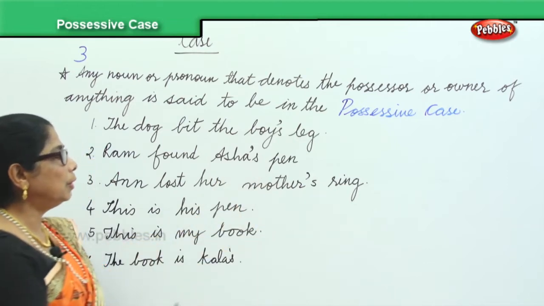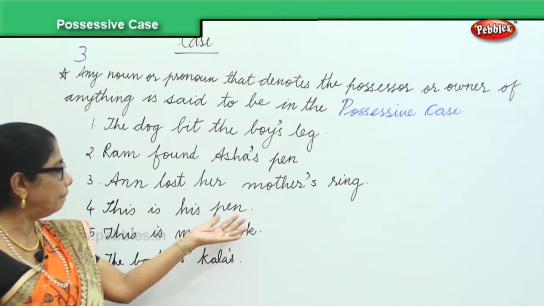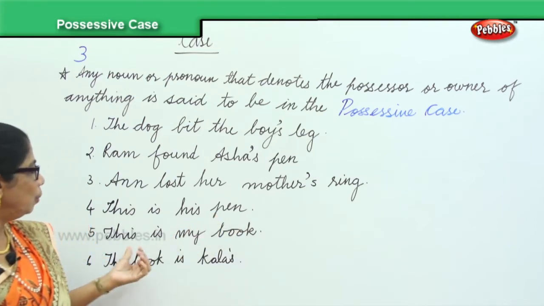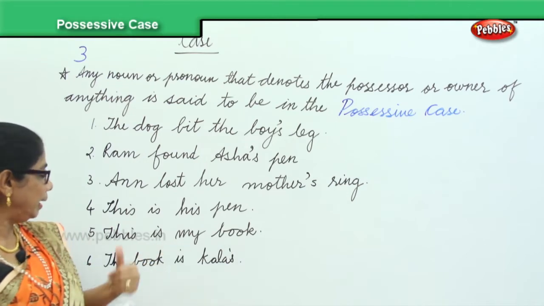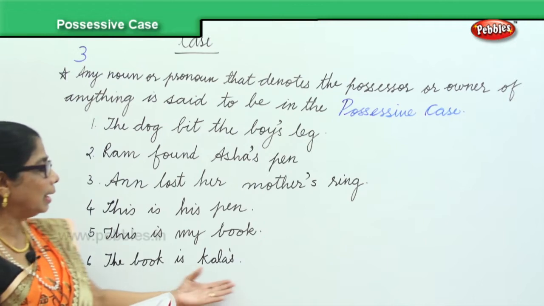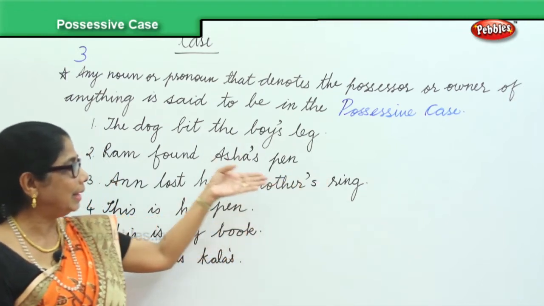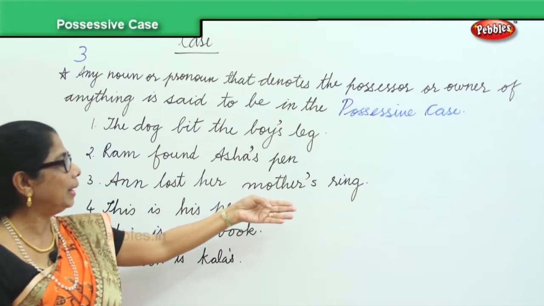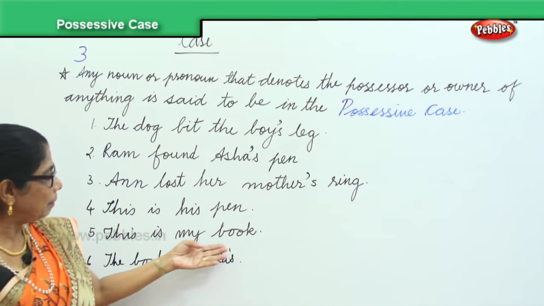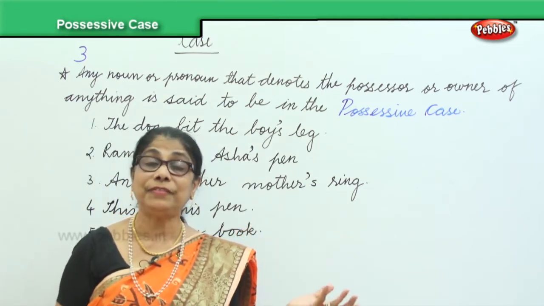Asha. Who is the owner of the ring? Mother. Then who is the owner of the pen? He. Who is the owner of the book? I. Then who owns this particular book? Kala. Now, owner, one who possesses. So we say Asha's pen, mother's ring, his pen, my book, Kala's book. All these are in the possessive case.